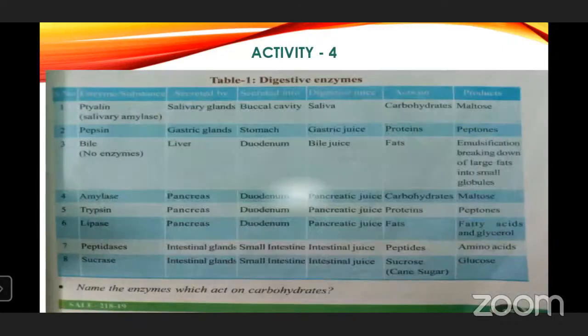Yes, activity 4, activity 5. Peristaltic movements. So these are all the digestive enzymes in human beings, dear students.